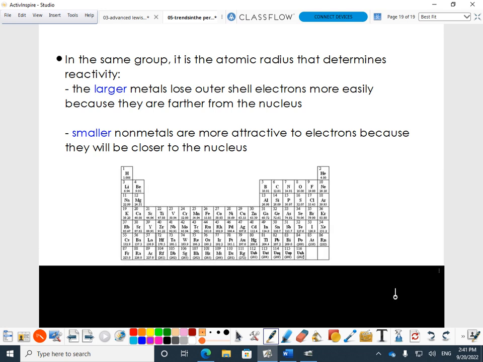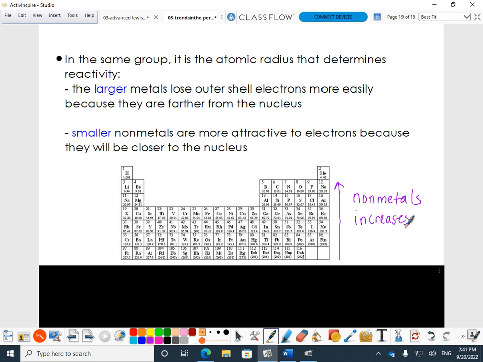So again, if you want to sketch some arrows, then we want smaller nonmetals, so that's up. But then it's down because these metals are larger, right?